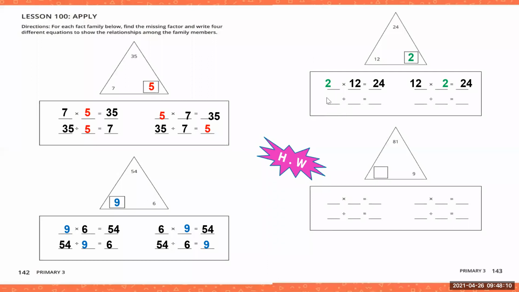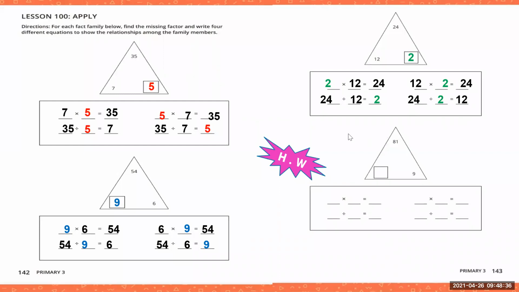The first number? 24 divided by 12 equals 2. Excellent, my dear. 24 divided by 12 equals 2, and 24 divided by 2 equals 12. Great, Basant.